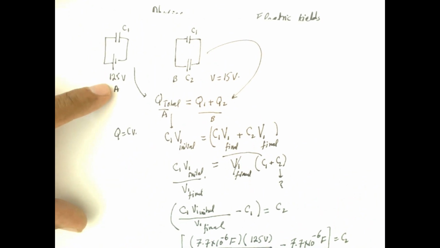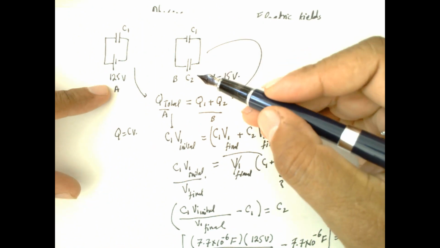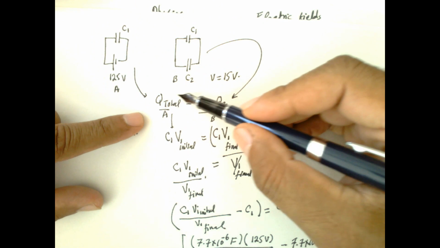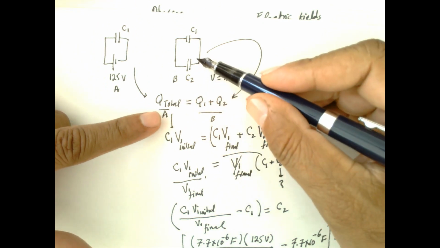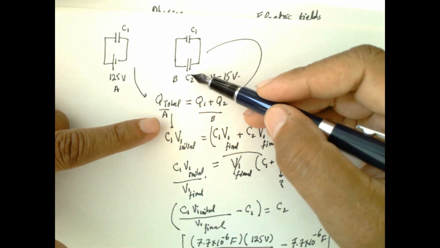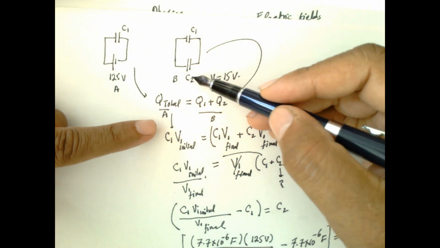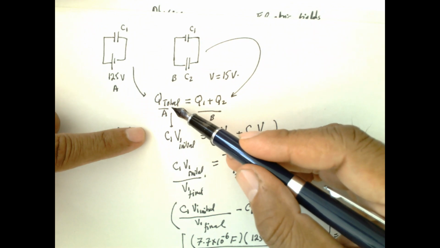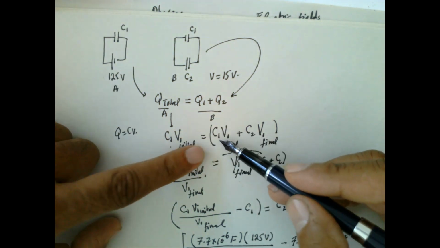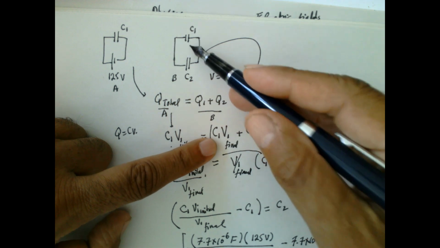So configuration A, configuration B. In configuration A, Q total is equal to, in configuration B, the charge on C1 and the charge on C2. And then in configuration A, C1 V1, and here C1 V1 but it is final.